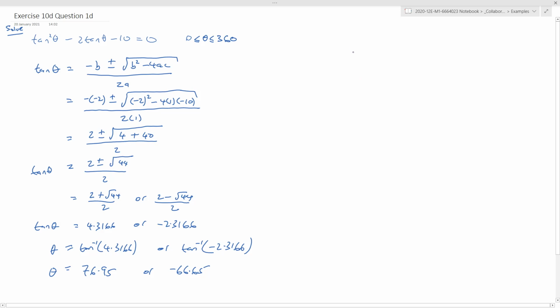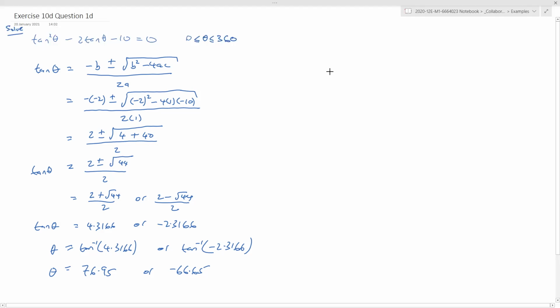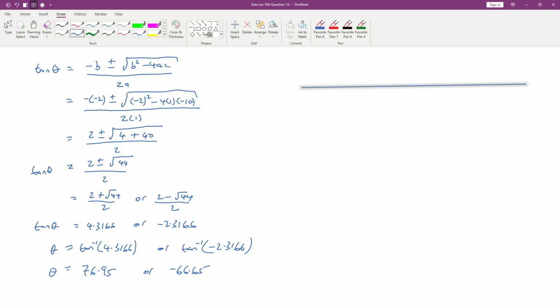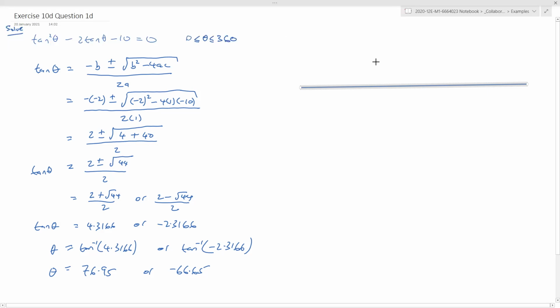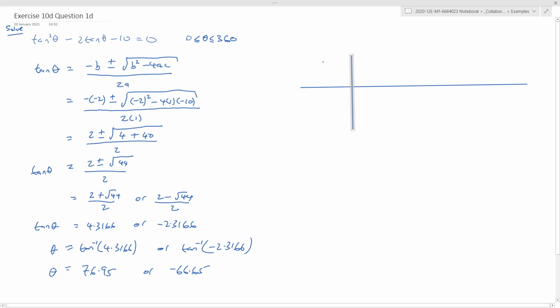Now if we sketch the graph, it's not such a simple one to sketch on here. See if I can use a line instead. So it's 0 to 360. So, tan curve, like so.